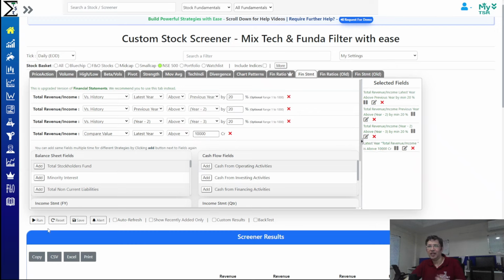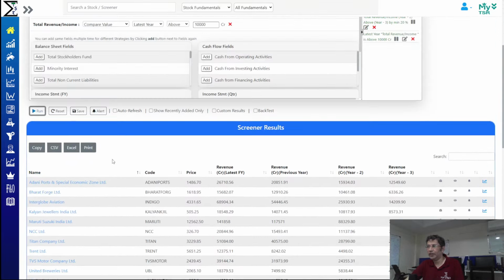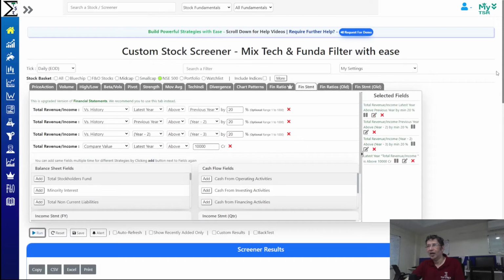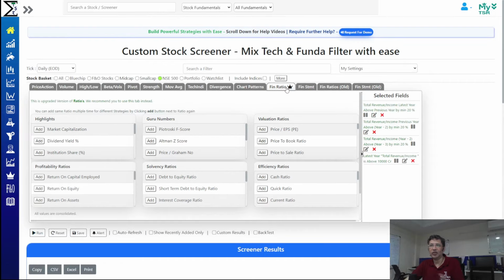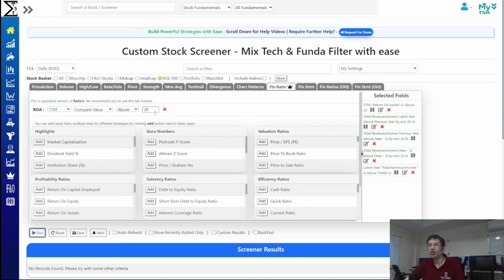When you add this criteria, you will see that only 13 stocks are there meeting this criteria, right? You can feel free to add other ratios, for example if you want to see that ROA is also greater than 25%, then there's no stock which meets this criteria. Maybe 20, a little too strict out here, right? So again, no stocks coming out.